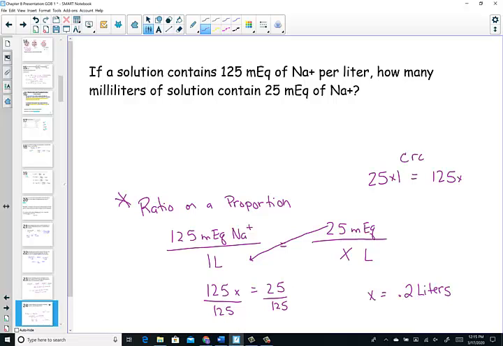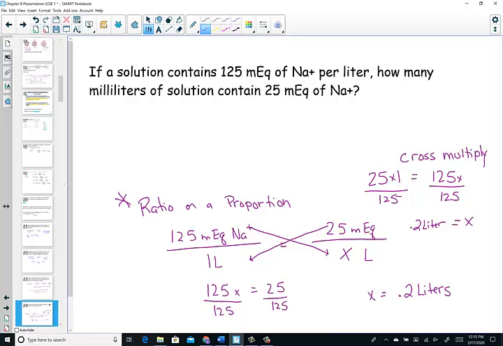That's how we'll cross multiply. And then to solve for x, we see that we divide both sides by 125, and that's how we isolated x. And when we do so, we found our x to come out to 0.2 liters.